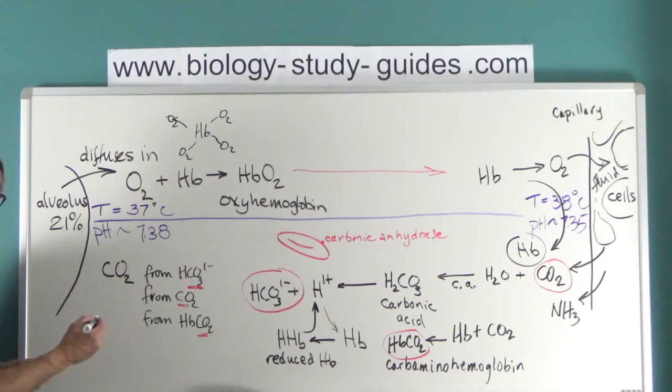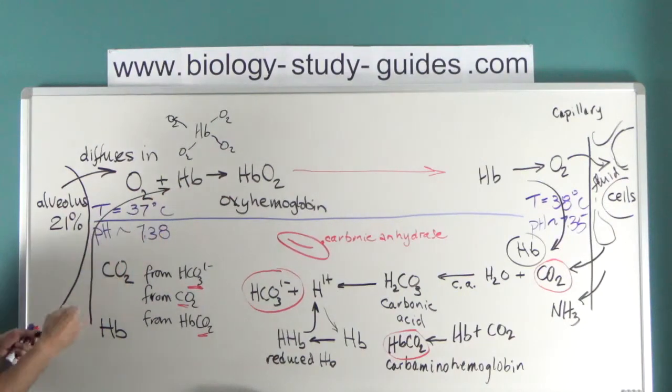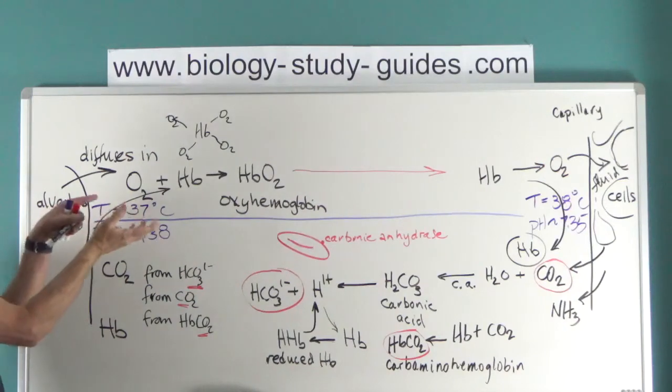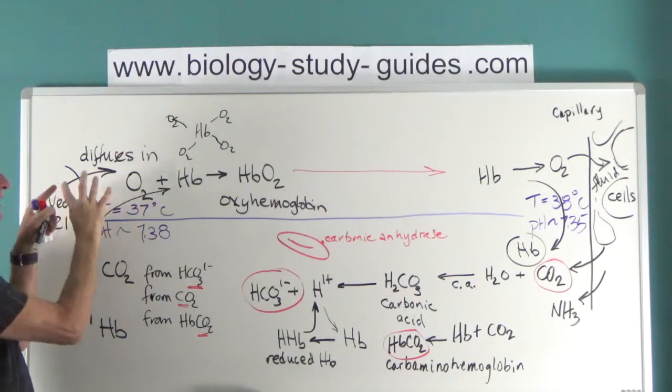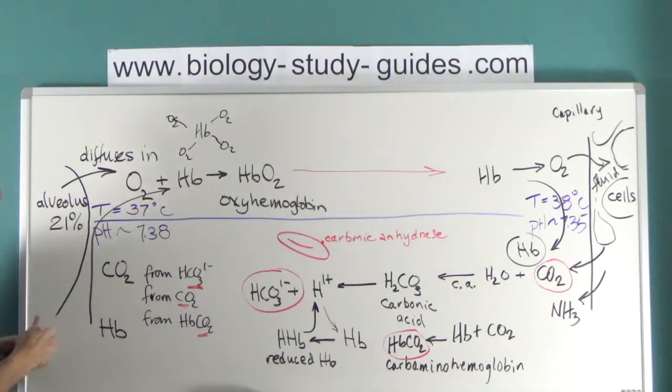The hemoglobin itself is now free. The hemoglobin can complete the cycle right there. This hemoglobin can continue in the blood, go over the surface of the alveolus, and as it does, oxygen diffuses in, it'll pick up the oxygen, and away it goes.